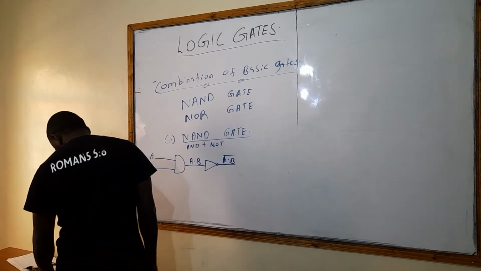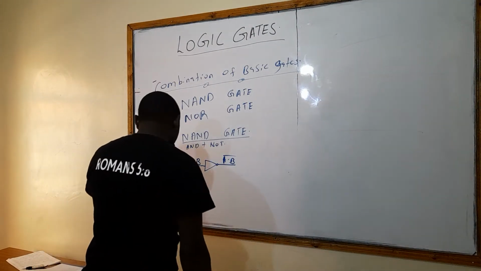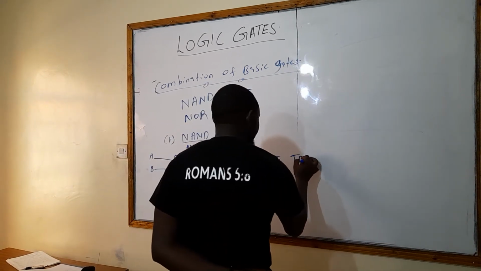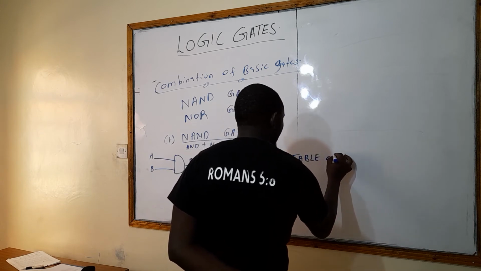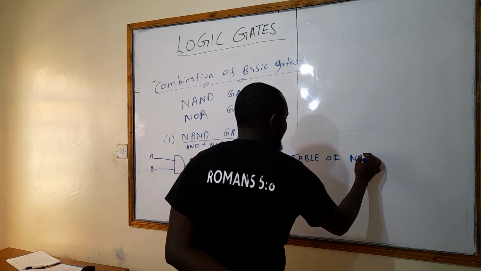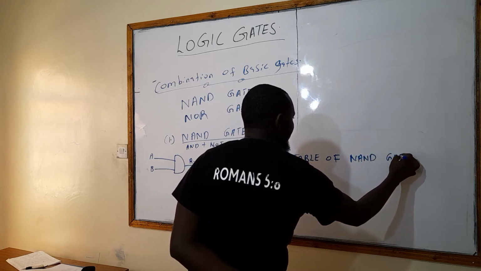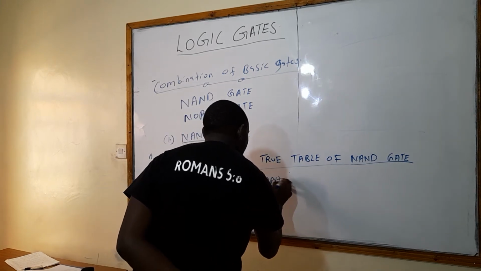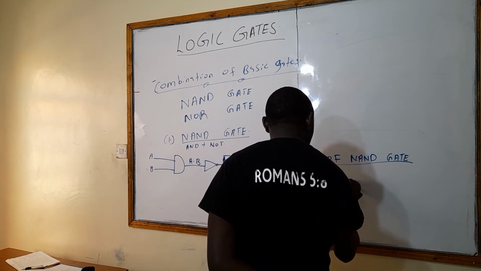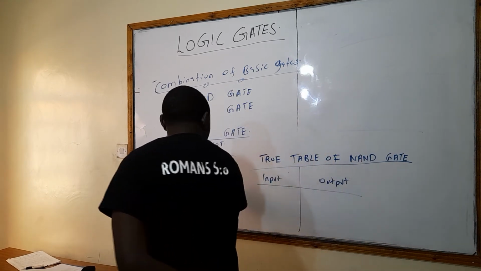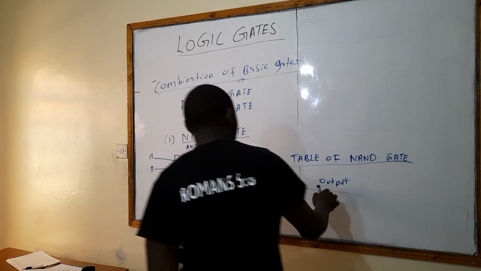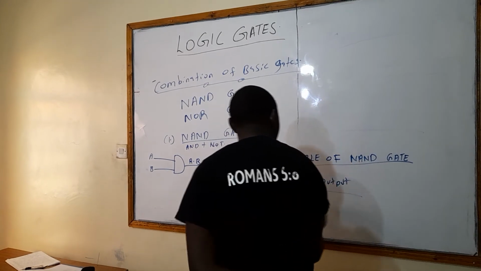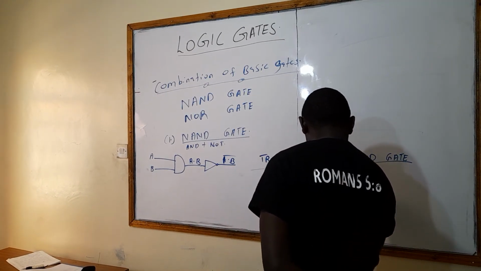So this symbol, for you to understand better, let's draw the truth table of NAND gates. So we have input and output. Under input, we have A and B. Output, the first output is A dot B. The second output is A dot B bar.